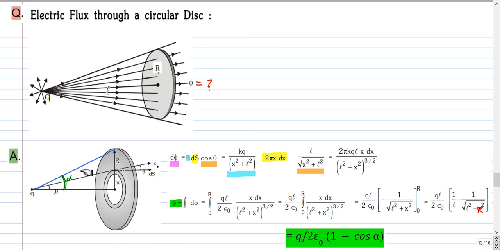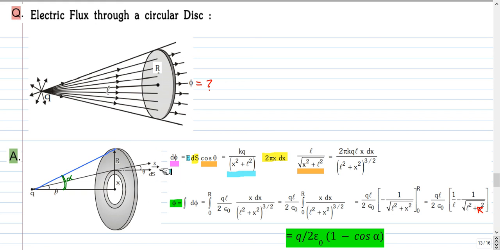So for any element of this ring, the electric field passing through that element and the area vector will make the same angle theta, which is the angle made by the line joining the point charge Q and the center of the disc, and the point charge Q and the element of the ring. So even if we take an element of the ring here, the electric field at this element's position and the area vector will make an angle theta.